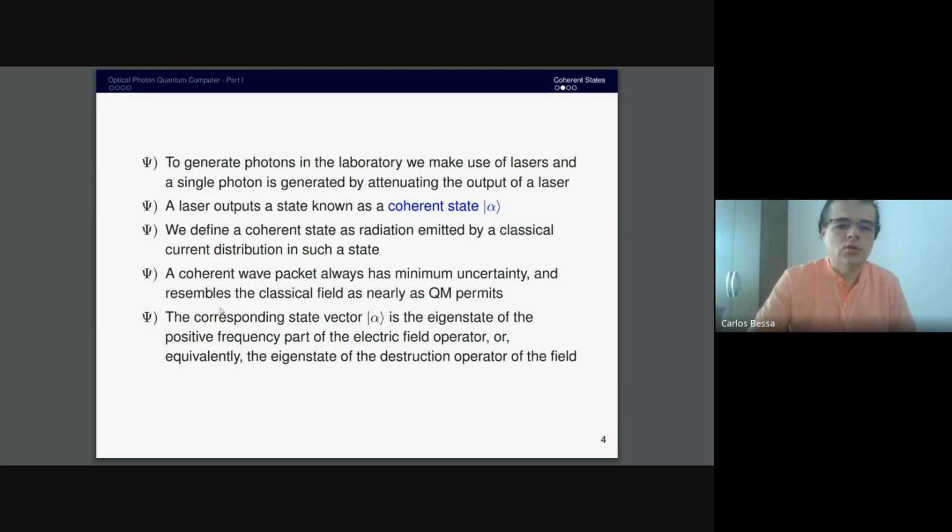So the corresponding state vector, the ket alpha associated with the coherent state, is the eigenstate of the positive frequency part, which we'll define today, of the electric field operator, or equivalently, the eigenstate of the destruction operator of the field. The destruction operator that we saw when we were studying the simple harmonic oscillator.